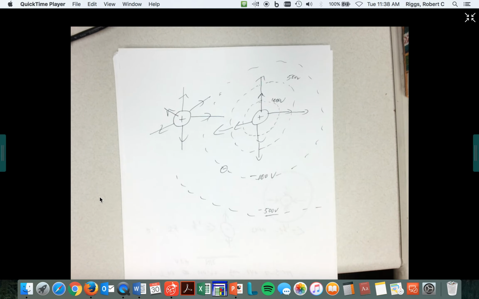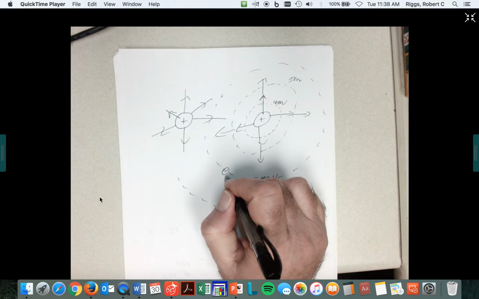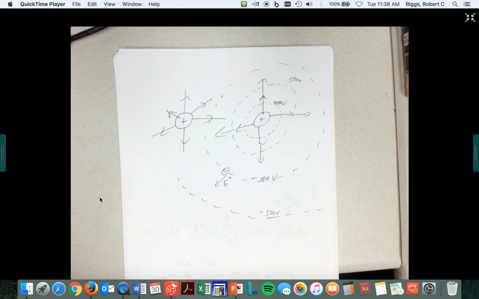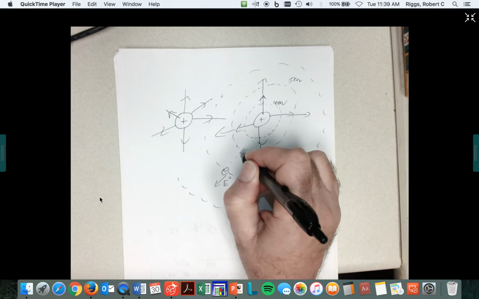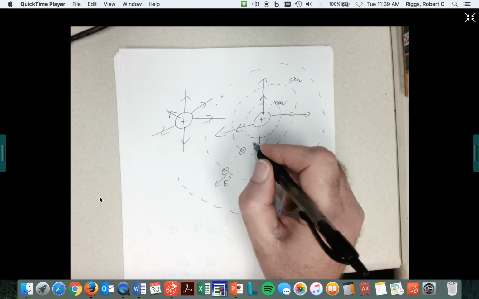Okay, so if I'm a negative charge, here's what voltage does. The E field is pointing this way. There isn't a voltage field, it's just a ring around, but this charge wants to go from here to here, which was 500 volts.